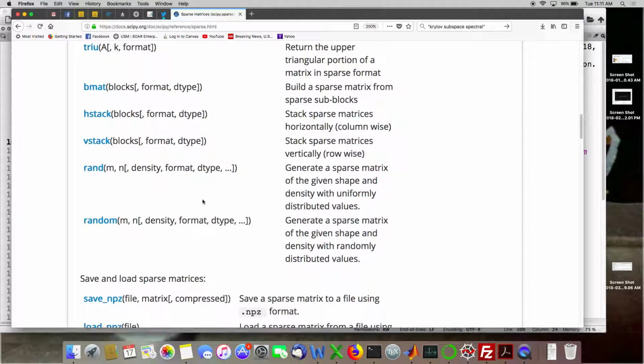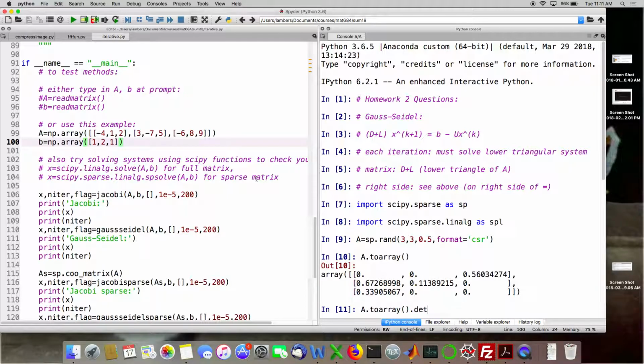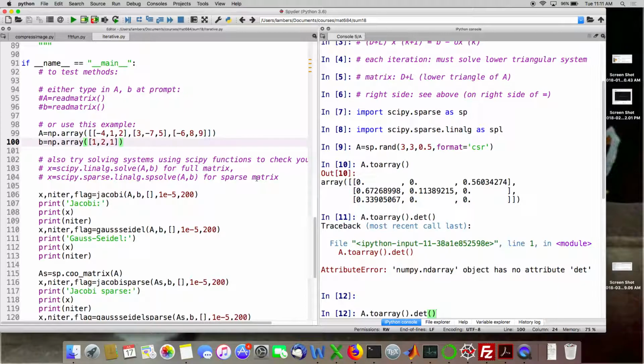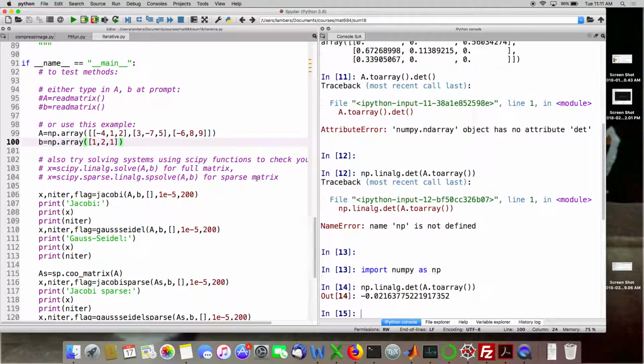Okay, so I'll make a 3x3 sp.rand, 3x3, density let's say 0.5, format equals compressed sparse row. Okay, so now we have this.